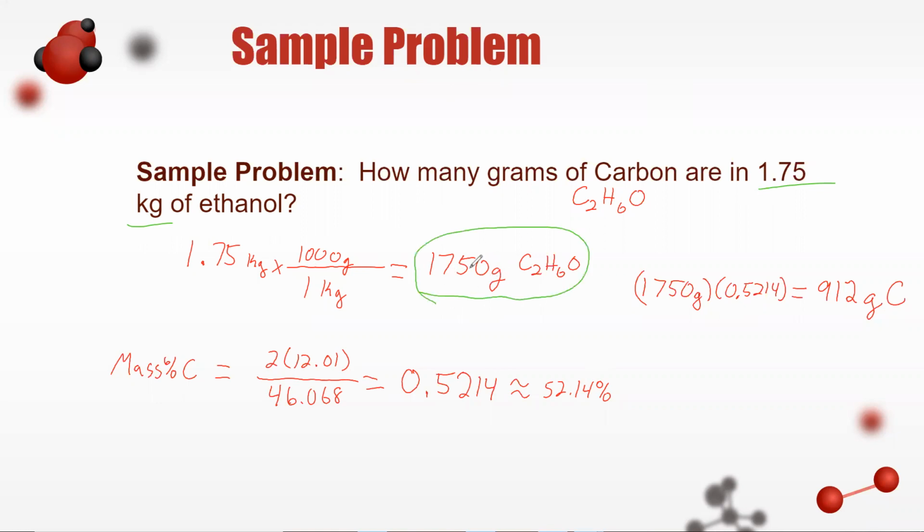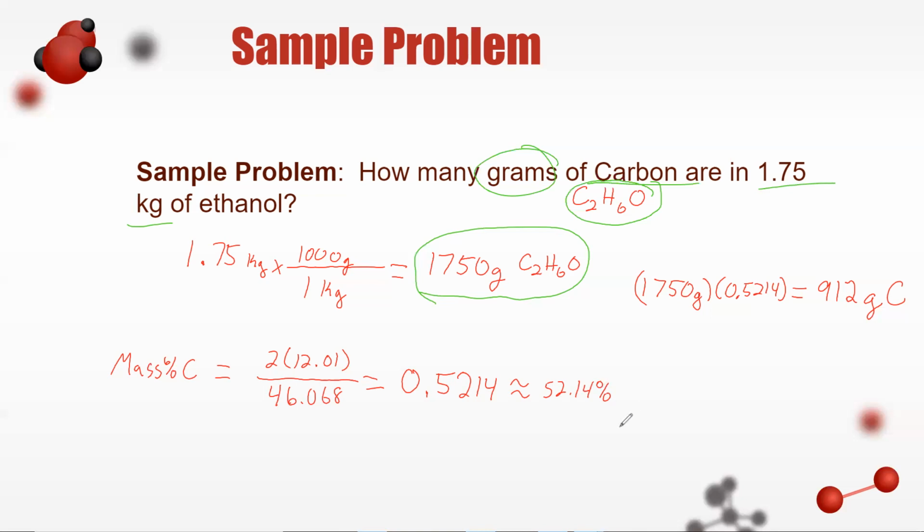That's the easy part. Now, we do mass percent, right? Because we want to know specifically how many grams of carbon there are. So we need to figure out what percent of that compound carbon is. And we already figured out the formula in the previous problem. So we know that in this particular compound, there are 2 carbons for every molecule. So we have 2 times 12.01, which is found on the periodic table, divided by the mass of the entire compound. And that gives us 0.5214, which is about 52.14%.